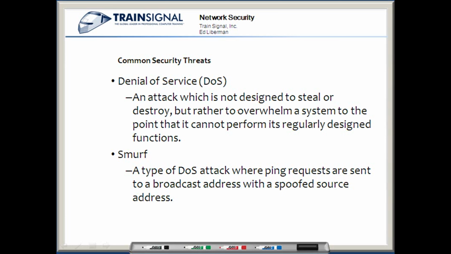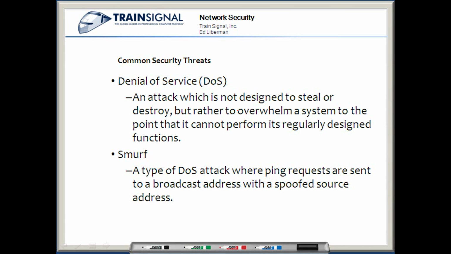A Smurf is a denial of service attack where a ping request is sent out to a broadcast address with the source address being spoofed as the IP address of the computer, or we'll say the server, or even we'll just say network device that you're looking to take down.